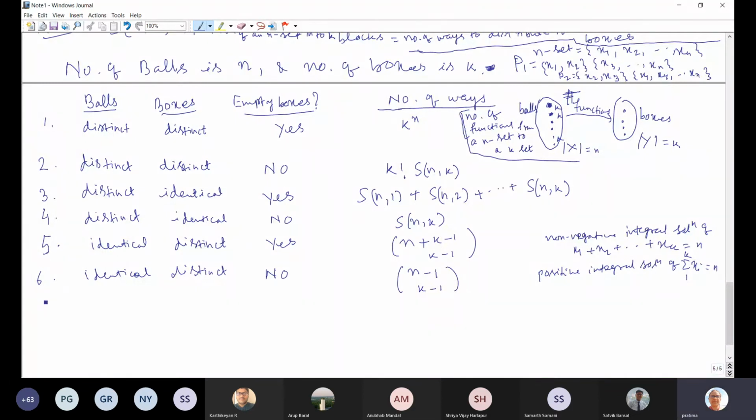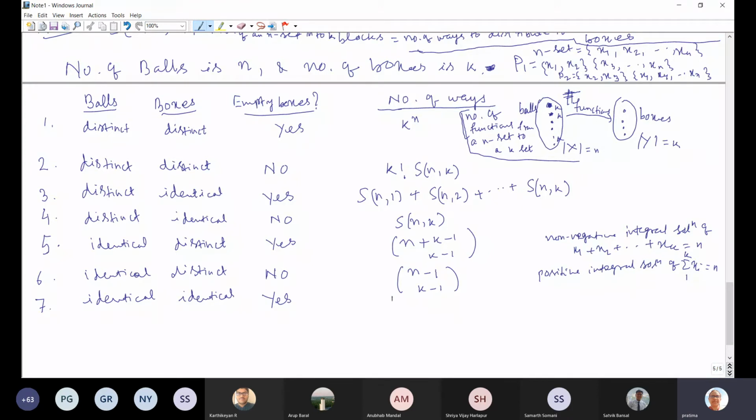Okay, so the 7th possibility is identical, and here we'll have this also identical, and here we will allow the boxes to be empty. So what will be this number of ways? This number of ways is identical balls distributed to identical boxes, where some of the boxes may be empty.